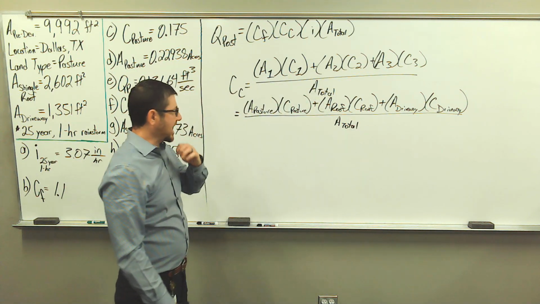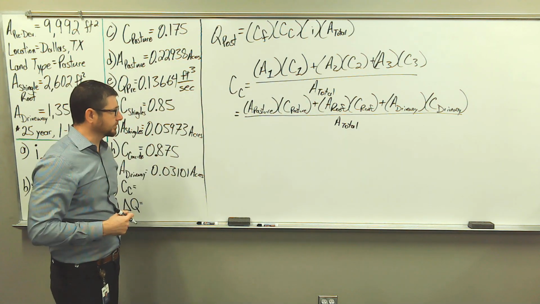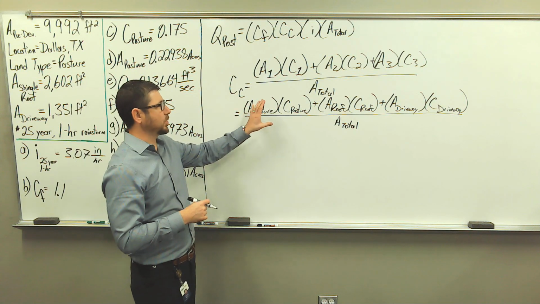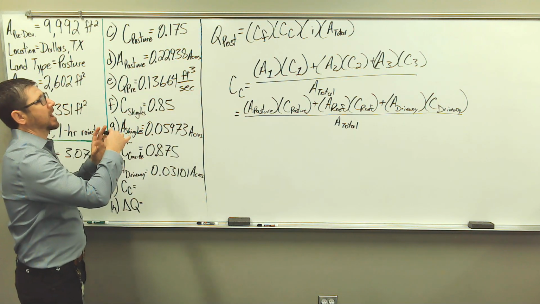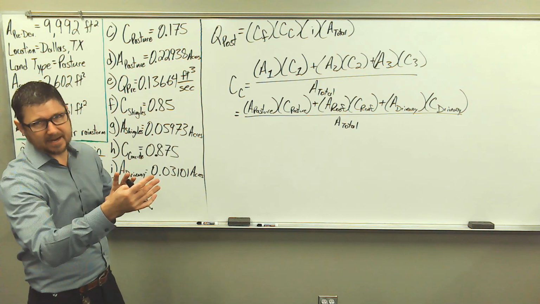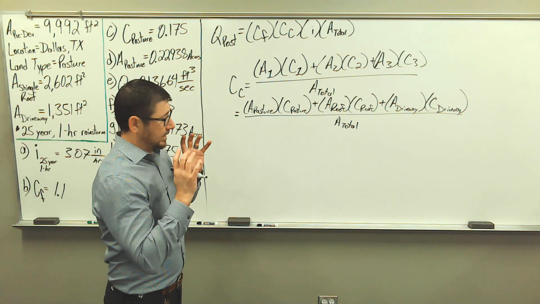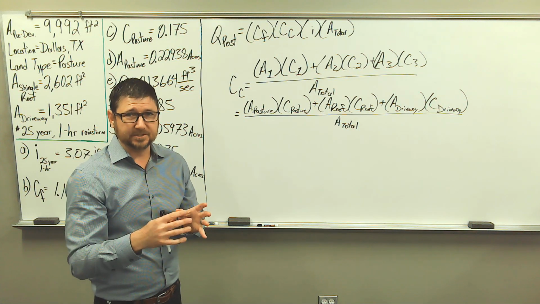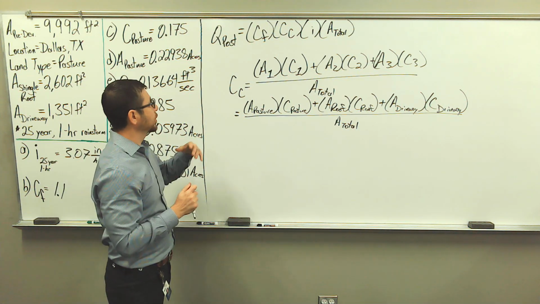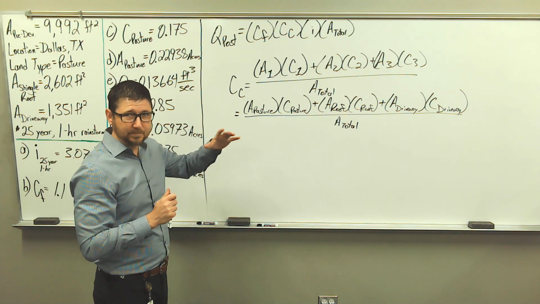Okay? All right, so just in short, like I mentioned in class, what we could do is multiply the percentage of the area, like we could add up the percentages of the area together to calculate the total runoff rate post-development.